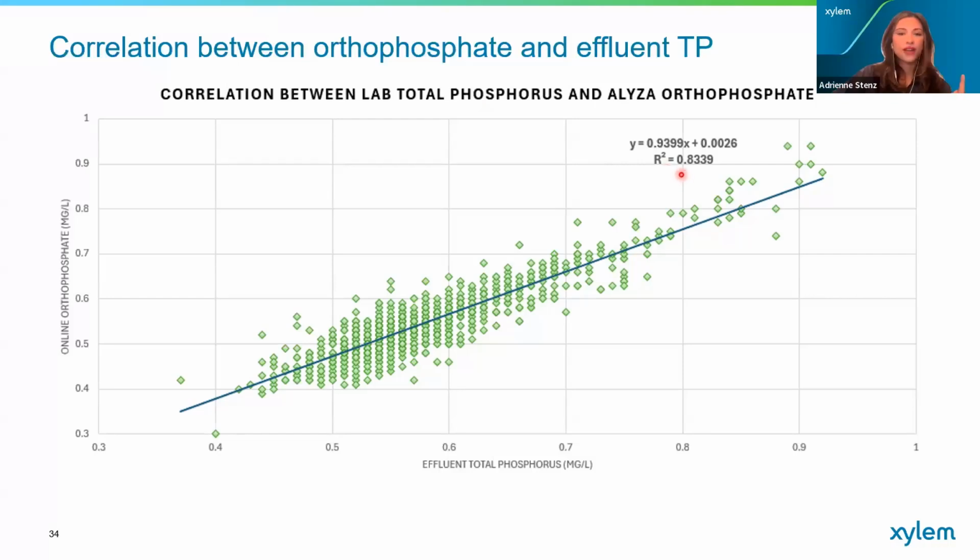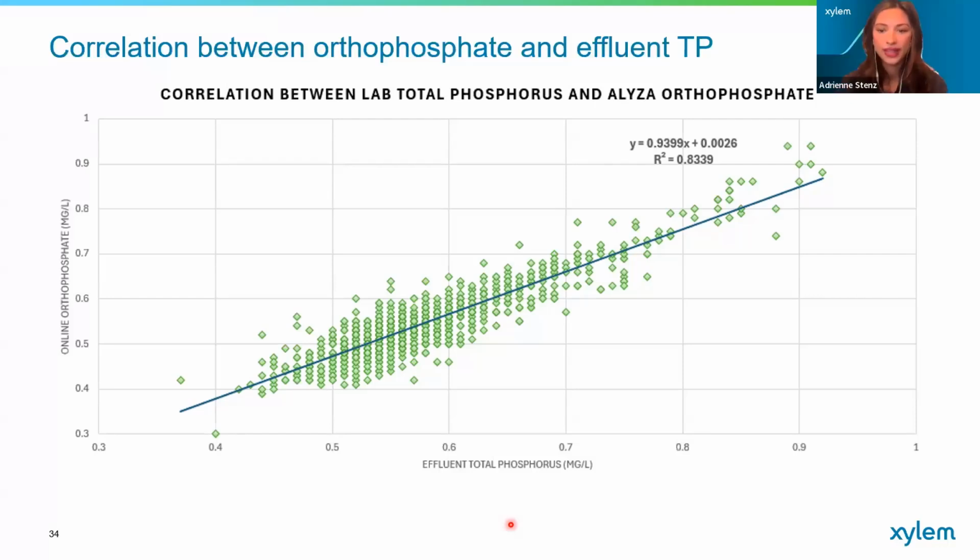So a good R-squared value for science and research is typically anything above 0.7. You can see the R-squared value for Alyza PO4 versus effluent TP for Economowalk is 0.84. And that's taking 5 years of data into account, which is about 1,800 total phosphorus lab tests. So this goes to show that the Alyza PO4 is a great indication of the effluent total phosphorus levels at this plant.